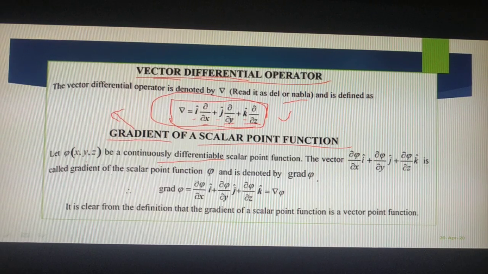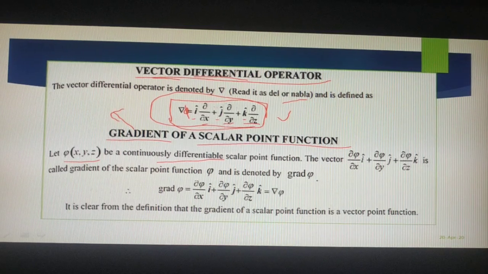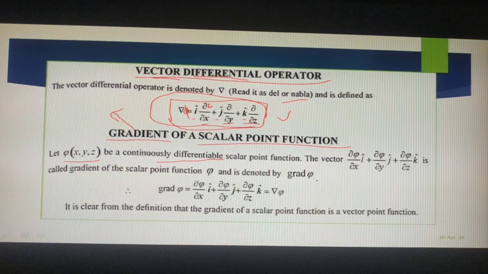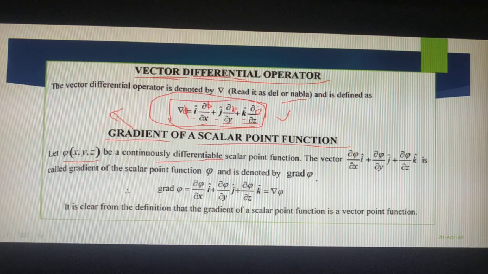How are we defining it? We have some phi of xyz, which is a scalar point function. When I multiply del with phi, it's just normal multiplication, so I will get i dou phi by dou x plus j dou phi by dou y plus k dou phi by dou z.